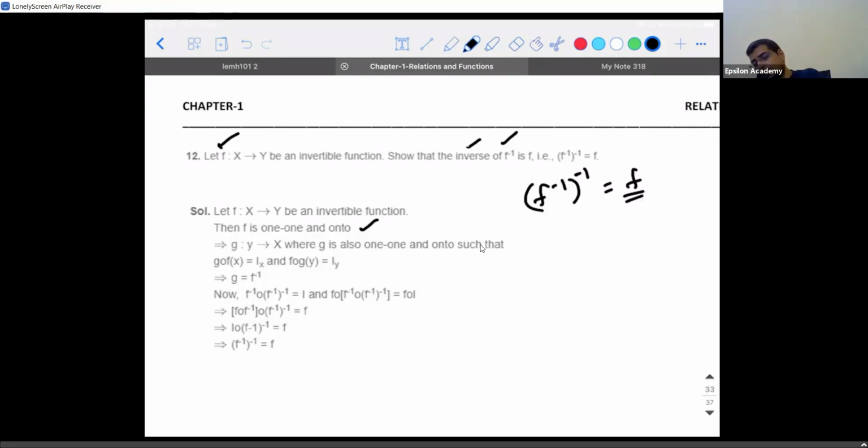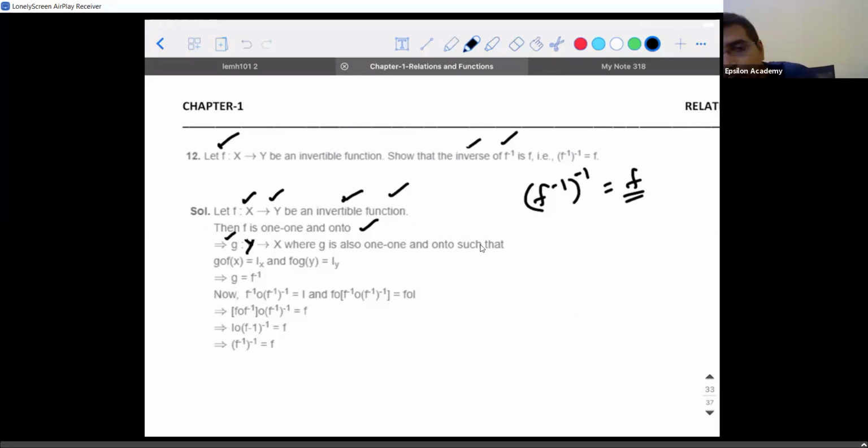Okay. So for that, we will introduce a variable. If f is a function from X to Y and is an invertible function, then how is the inverse function supposed to be? If I call the inverse function g, then it should be defined from Y to X. When the inverse exists, g of y will also be a one-to-one and onto function.